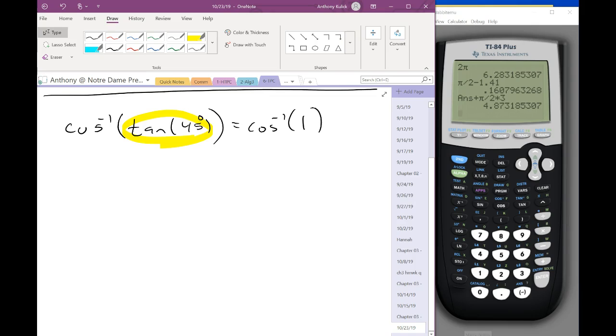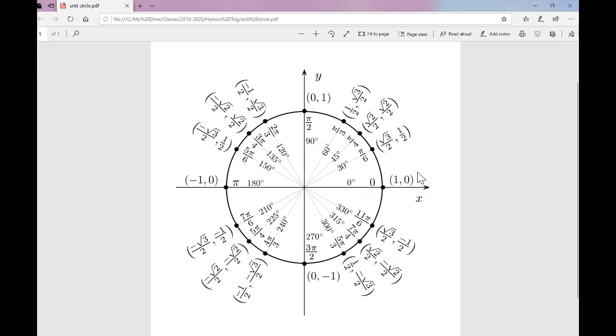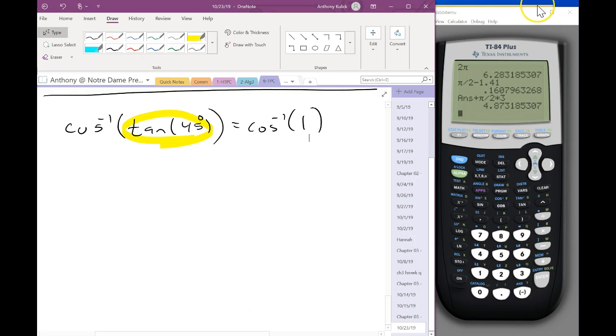Now I'm going to go back to my unit circle and look for places where the x-coordinate is 1. So it's here at 0, and then 2 pi, I guess, if you wanted to say that. Notice in this problem, we weren't given a range of values for the angle measure.